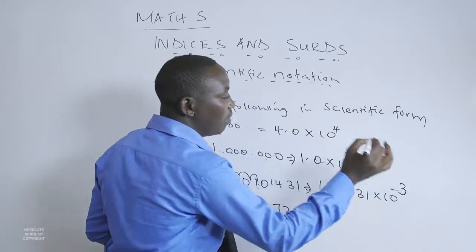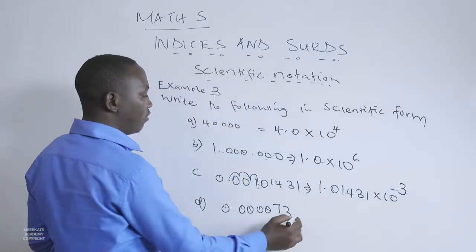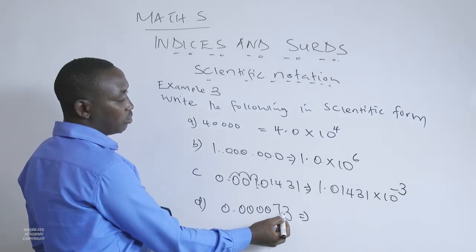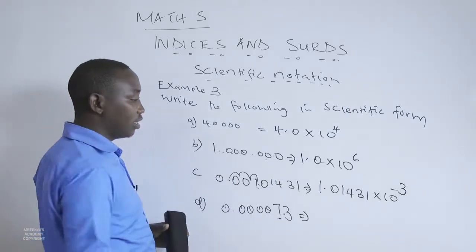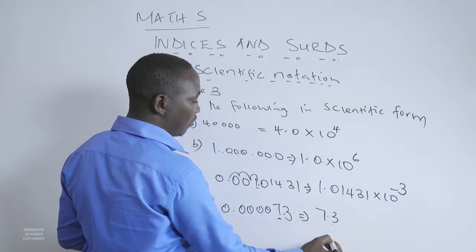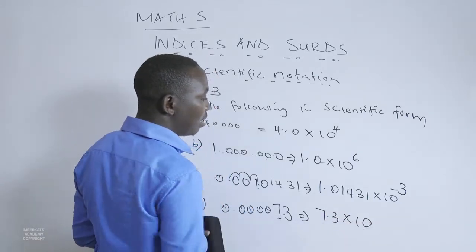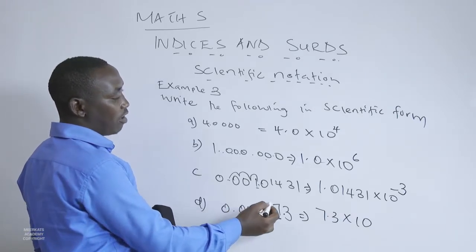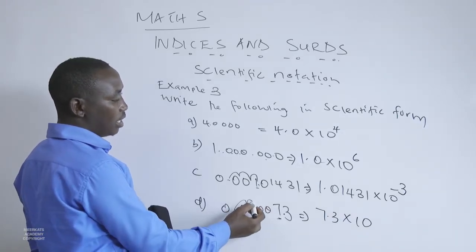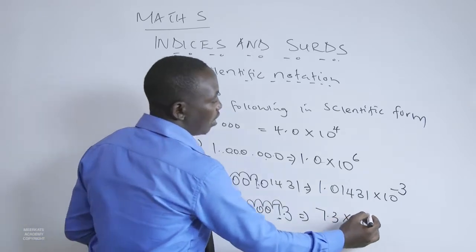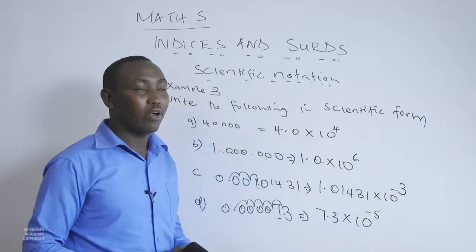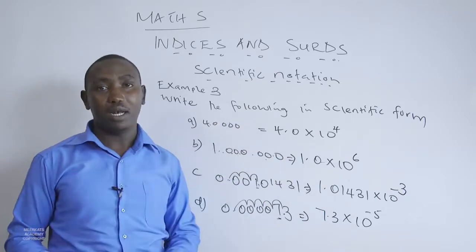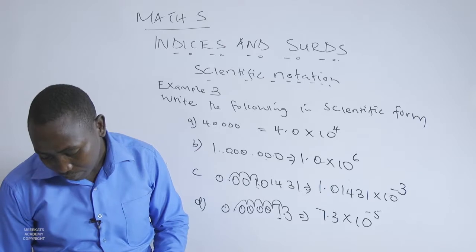So it will be raised to -3. Then for this final example, the first non-zero is 7. We place a decimal point after the first non-zero value, which will give us 7.3 times 10 raised to. We count the number of decimal places we will have moved for us to reach there. This is 1, 2, 3, 4, 5. Right there, -5. So these are numbers in their normal form written in their standard forms.